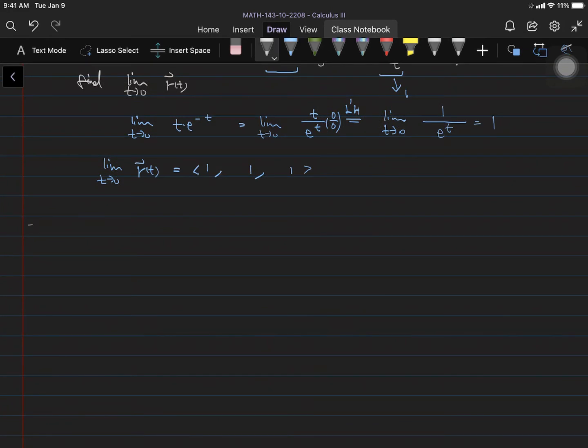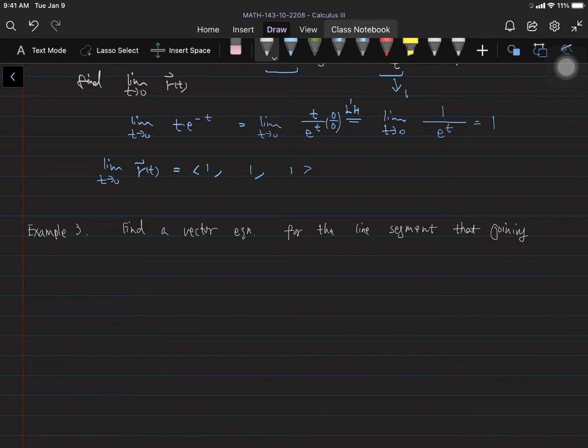Let's take a look at example 3. So example 3, the curve is given. We are going to find the vector function. So let's see. If the curve is a line segment, find a vector equation for the line segment that joins two points.